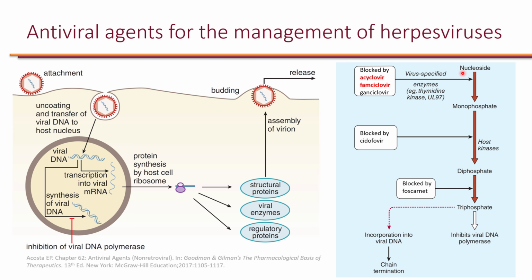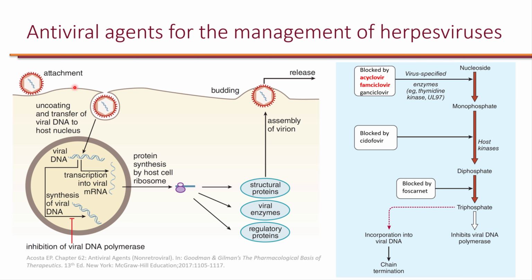Normally a nucleoside will be phosphorylated into monophosphate, and it will continue until the final step where it is incorporated into DNA. The same is true for acyclovir, famciclovir and valacyclovir, which will need to be phosphorylated. So if there are mutations in this enzyme, acyclovir will not work. But for herpes viruses, resistance to acyclovir has been pretty rare.